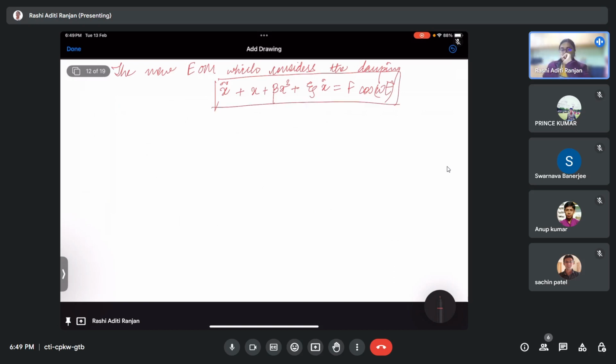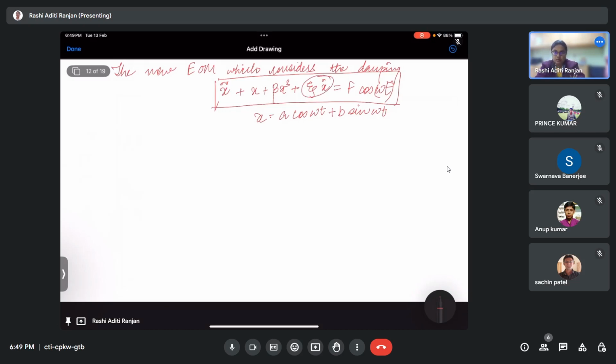For a damped system, if I again assume the solution as x equals a cos of omega t plus b sine of omega t, what is going to happen? Nothing much difference. Whatever mathematical analysis we have done previously, only two terms are going to be added, which is due to this.